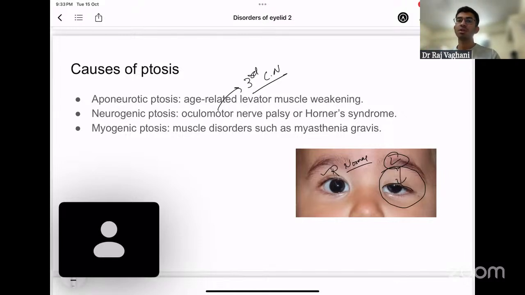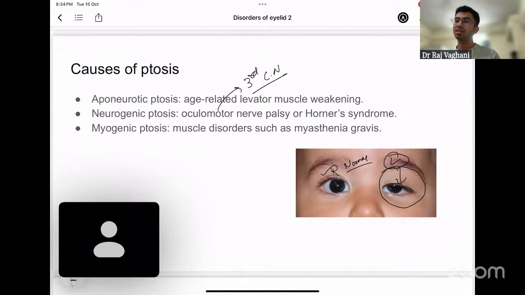Neurogenic ptosis. Myogenic ptosis means a muscle disorder such as myasthenia gravis. It is an autoimmune disorder, which you must have studied in your second year.